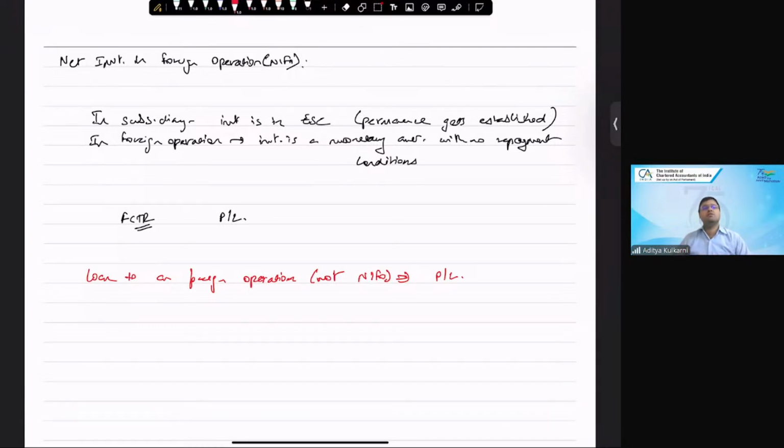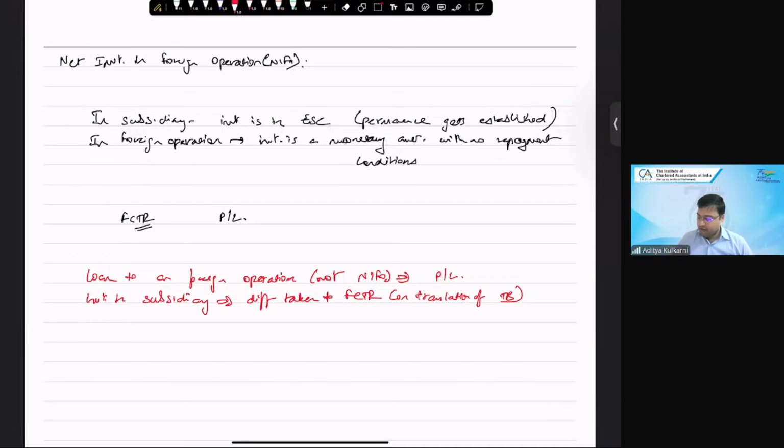So these differences will go and sit in the P&L. If it is investment in subsidiary, the difference is taken to FCTR. This is on translation of trial balance. This difference goes to FCTR.